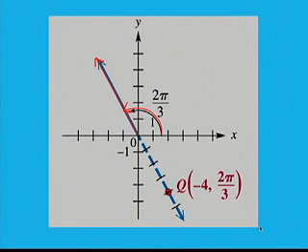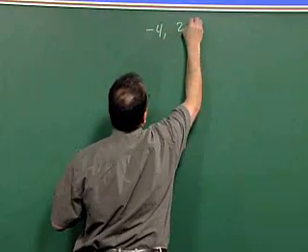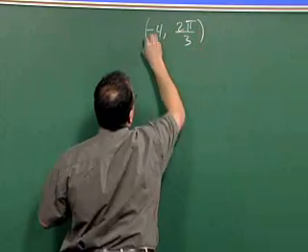However, the negative part of this sends us in the opposite direction, 4 units, but still following that line. So that's the point that we now want to find the rectangular coordinates for. So let's do that right now. Let's find the rectangular coordinates for the point -4, 2 pi over 3.